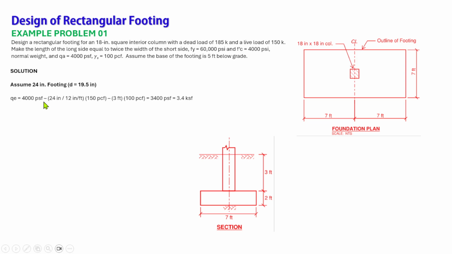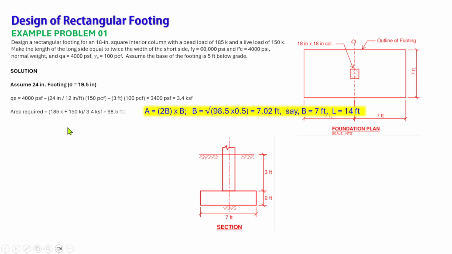So we have 4,000 minus 24 over 12, because we convert it into feet, times 150 psf, minus 3 feet, which is this one here, times 100 pcf, the specific weight of the soil. So that is equal to 3,400 psf or 3.4 ksf.